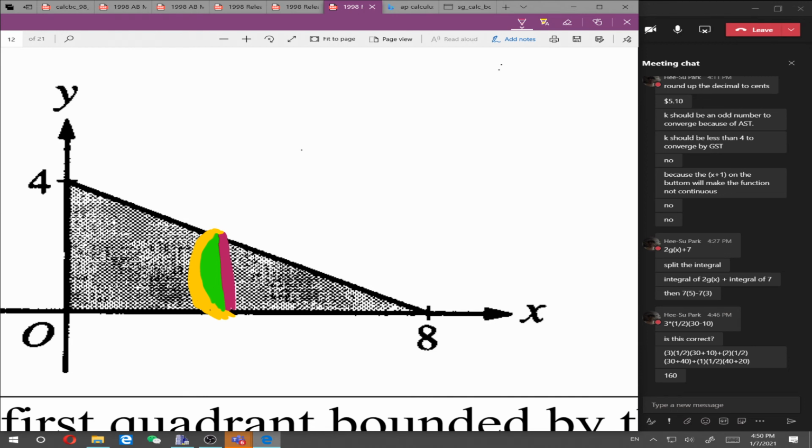If this is a semicircle, what's the area of the green region? It should be pi r squared over 2. That means I need to know what my radius is.